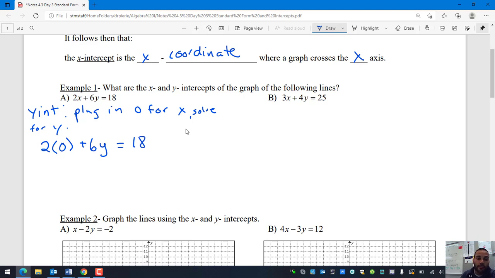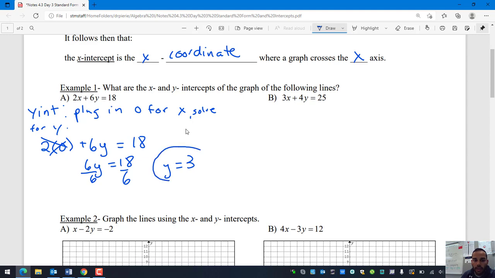When you're in standard form, it works out pretty nicely because 2 times 0, or 0 times any other number, is just going to be 0, so this guy basically just goes away. And all you're left with is 6y is equal to 18. To solve for y, to get rid of multiplying by 6, I divide both sides by 6, and I'm left with y is equal to 3.